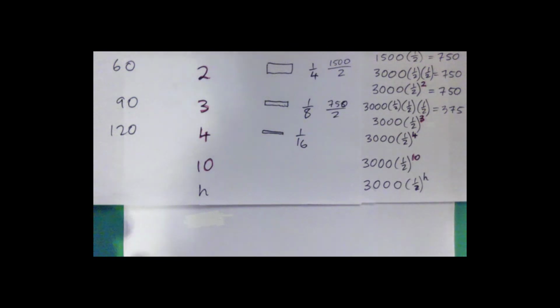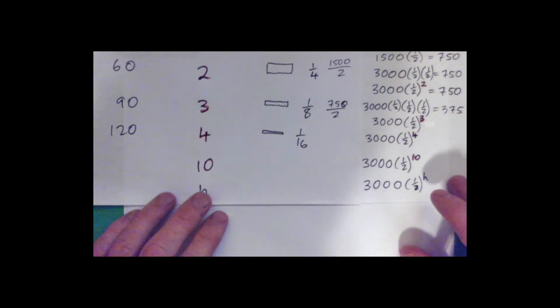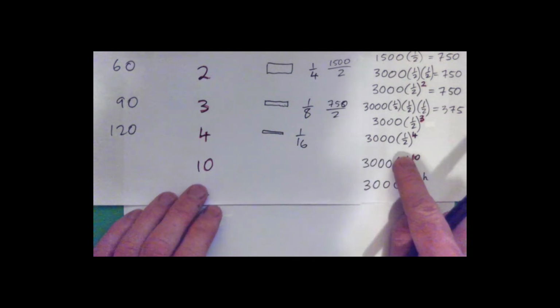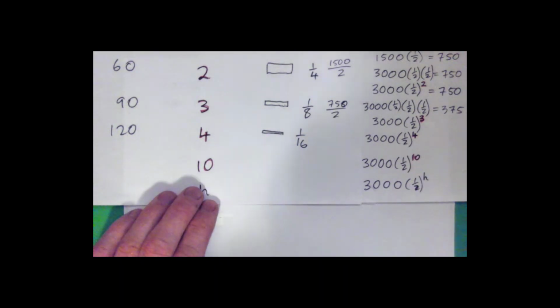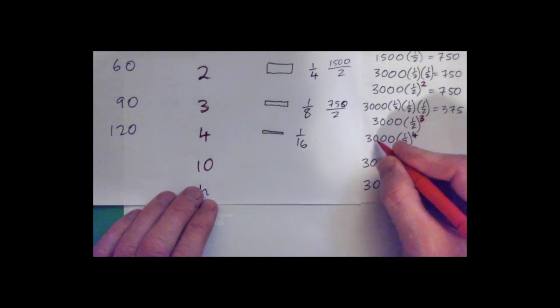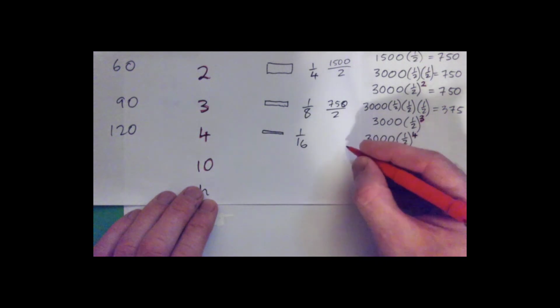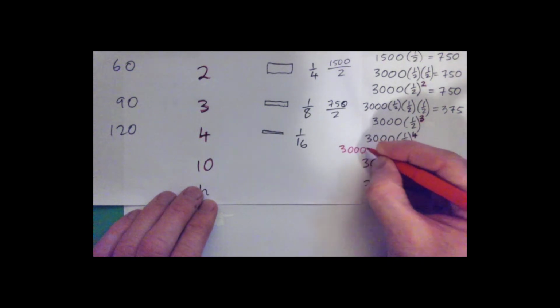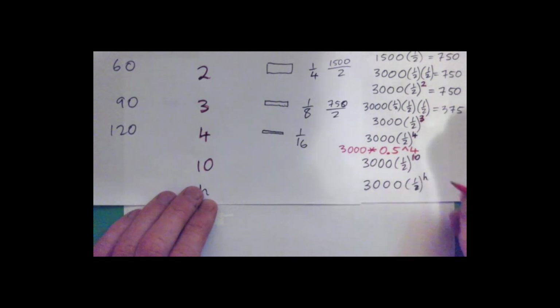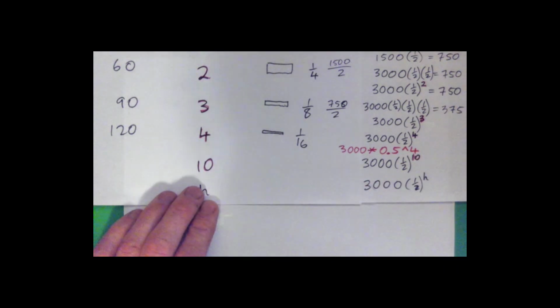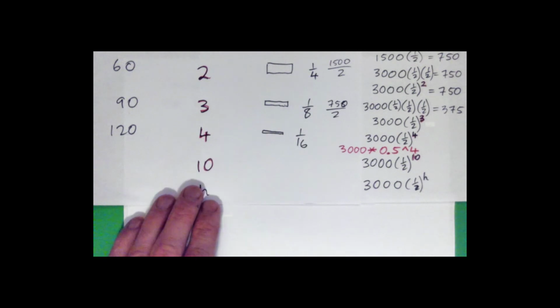Yeah. So one thing I just want to point out is, in your calculator, a half, I hope everybody knows, is 0.5. So, like, in your calculator, to get 3,000 times a half to the power of 4, you just type this, 3,000 times with a star, and then you can just go 0.5 to the power of 4, right? And for 10, it's the same thing.